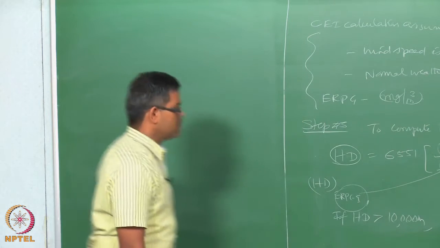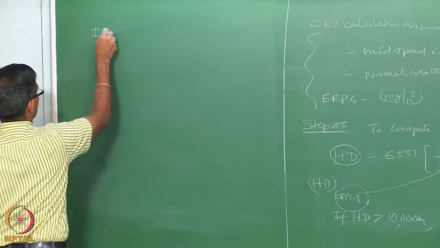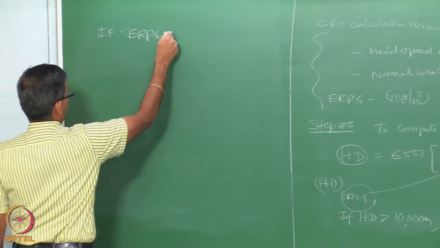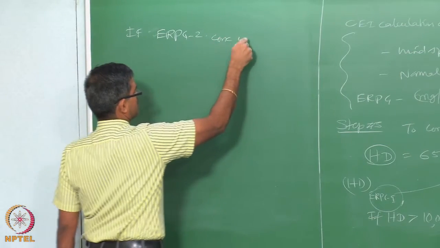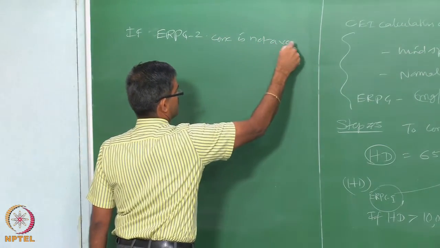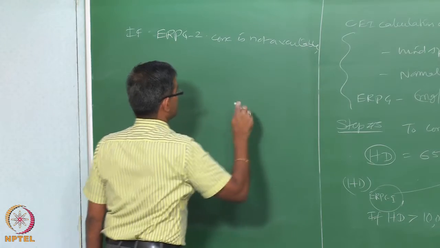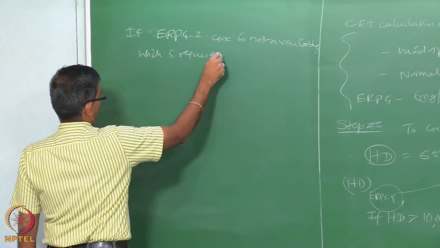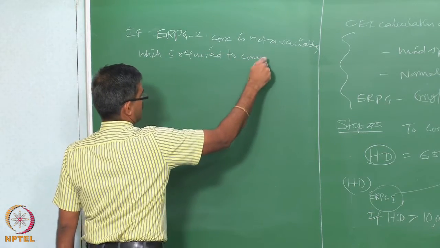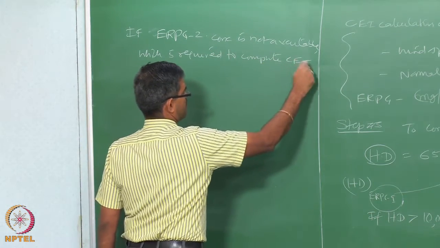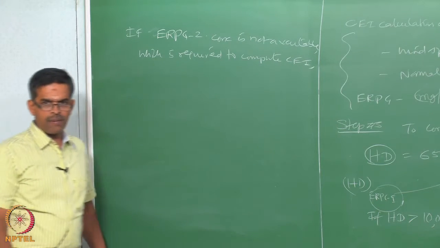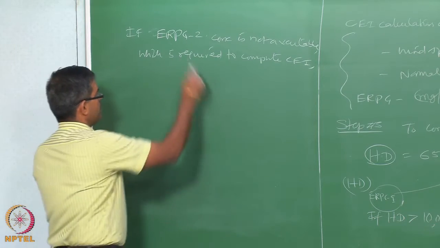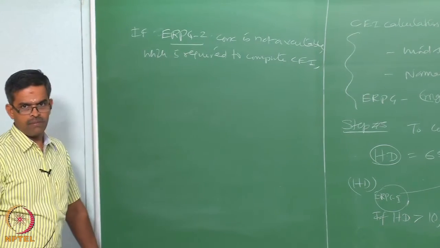Let us say, for example, if the ERPG 2 concentration is not available, which is required to compute the chemical exposure index, because please understand friends, chemical exposure index is computed based only on the ERPG 2 level concentration. Okay.